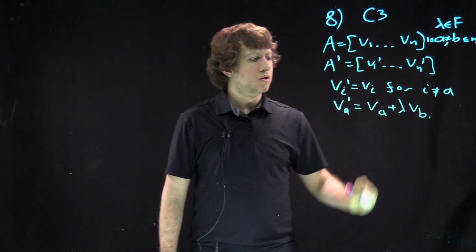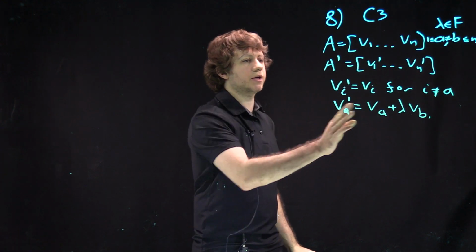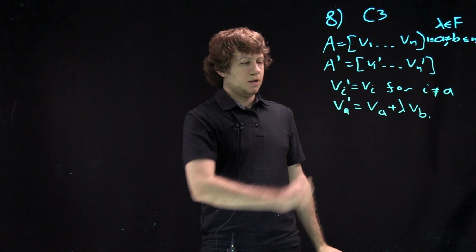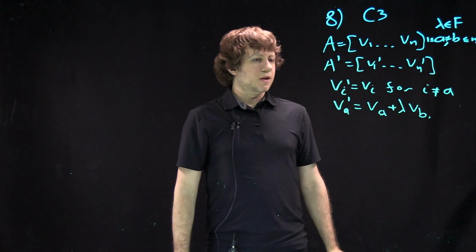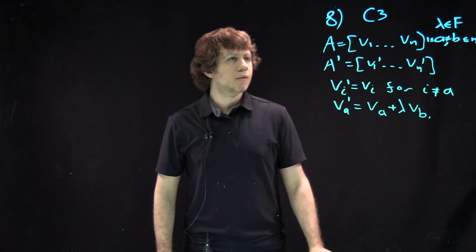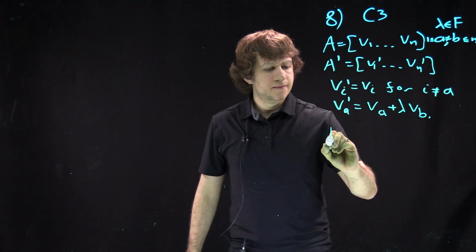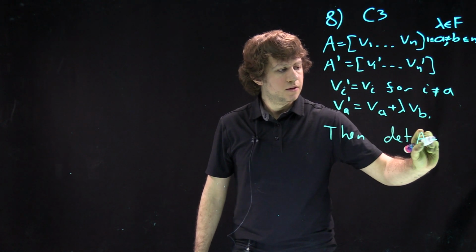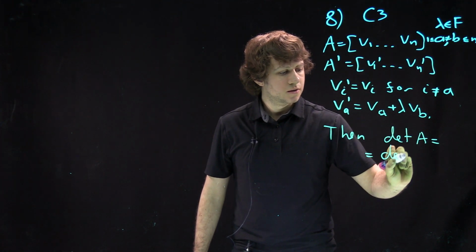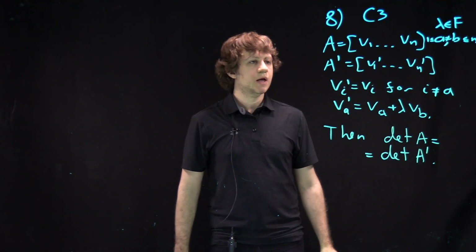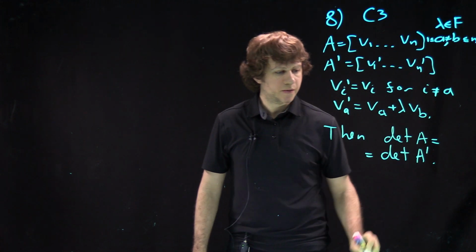Of course, if I add an index everywhere here, I will get the property for the matrix elements. Okay, so the claim is that then the determinant of A is the determinant of A prime. So these agree, and the proof is quite simple.